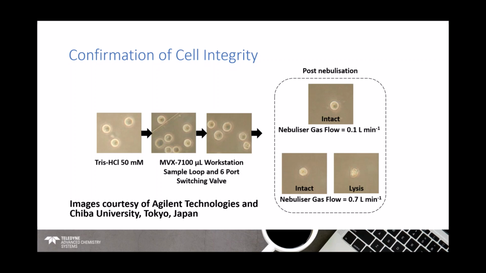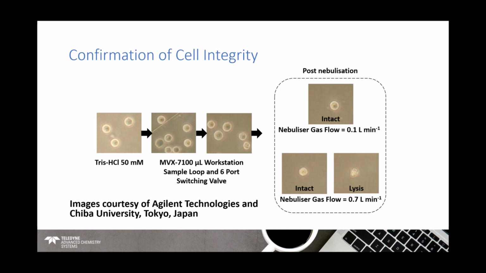Those cells were then taken up on our MVX 7100 microliter workstation system. The cells have been taken through tubing, through a 6-port valve, and taken up via a syringe pump. And we know that those cells have maintained integrity up to the point where they are introduced to a nebulizer.